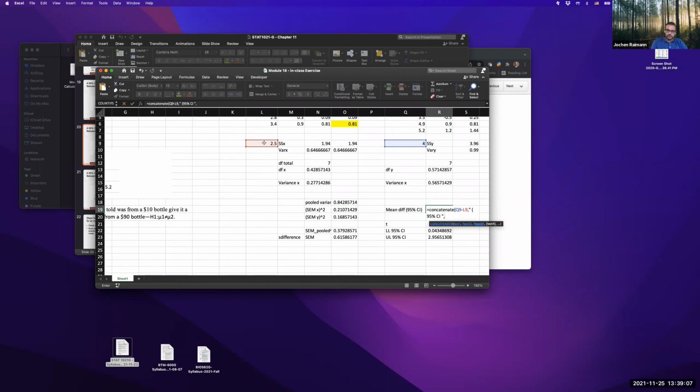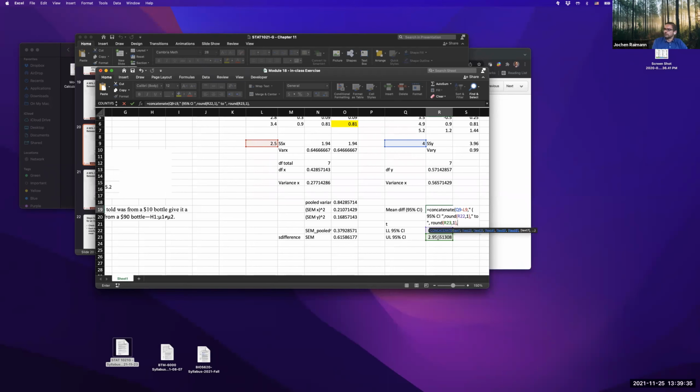We're doing now round, taking out the lower limit, rounding it to 1 digit. We're again putting quotation marks, we're saying 2 to indicate that it's an interval. Round, upper limit, 1.